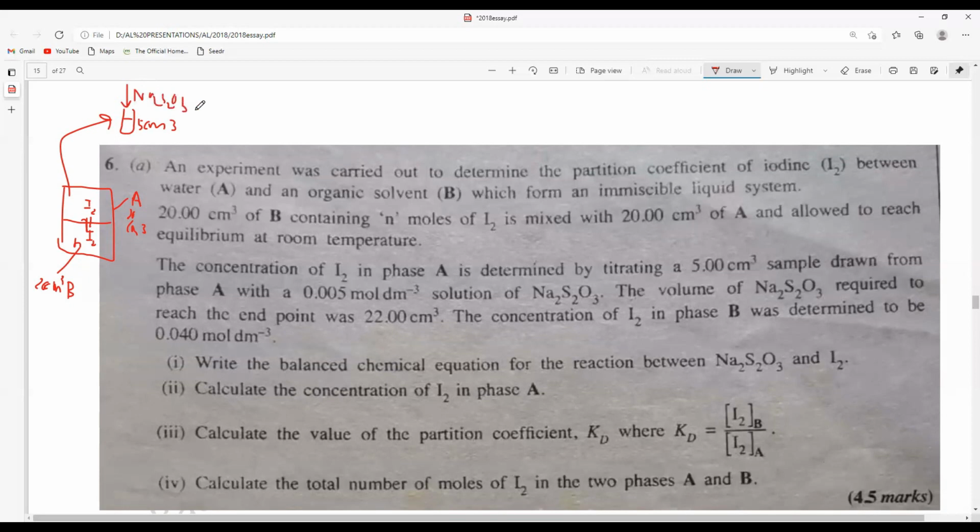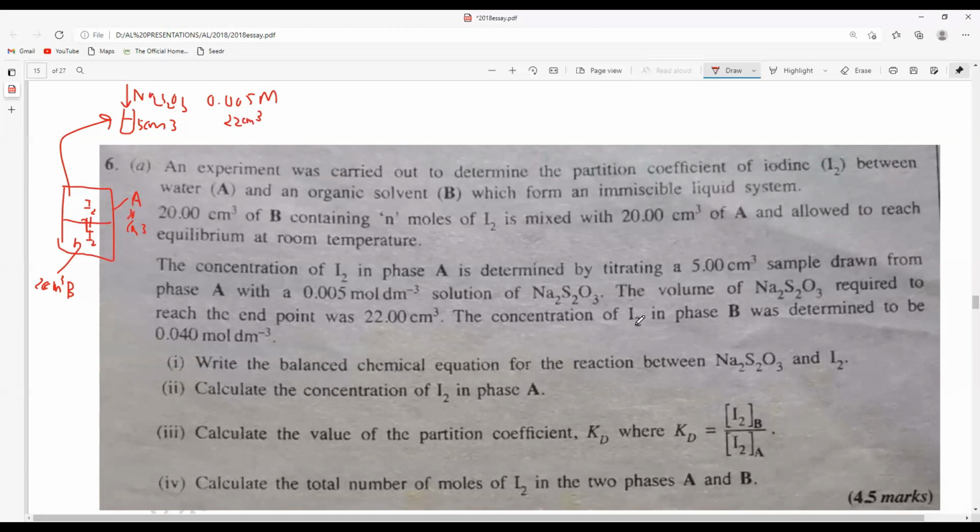This reaction is like the father of the reactions you have in these chemistry questions. So a 5 cubic centimeter sample is drawn from phase A and titrated with sodium thiosulfate, the concentration is 0.005 M, and the volume is 22. So it consumed 22 cubic centimeter.